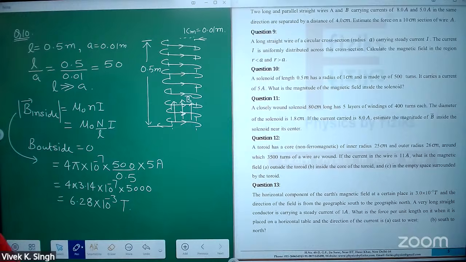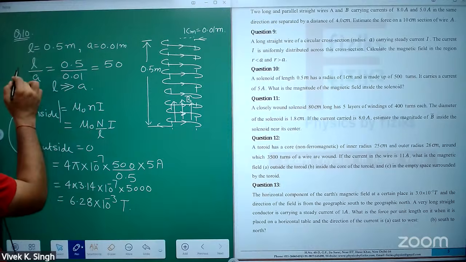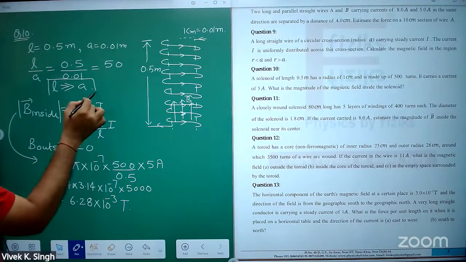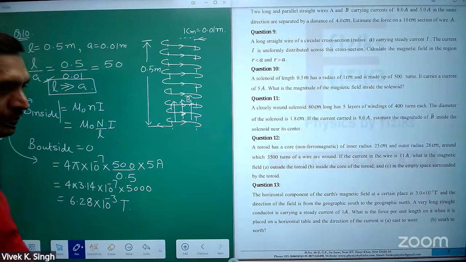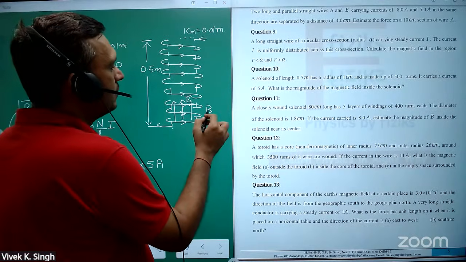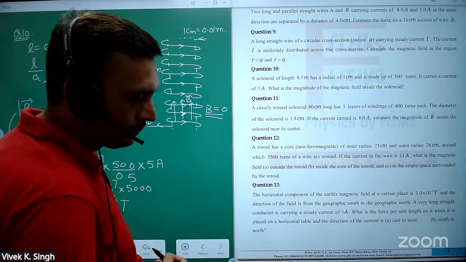This is the field inside. So it's a case of solenoid. You must remember that when L is far, far greater than A, under this approximation, we are taking field inside to be uniform and outside field is 0. So I am considering an ideal type of situation.